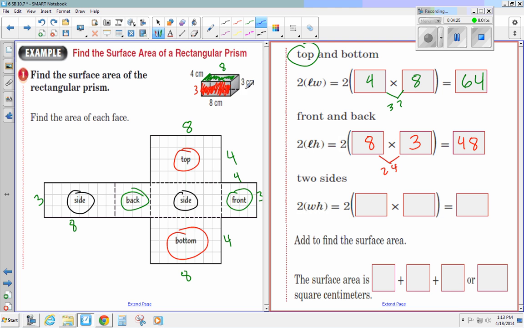And then we have the side portions, 3 by 4. That's 12 times 2, that's 24. So now the sum of all of that, 64 plus 48 plus 24. You add all those together, and you get 136 square centimeters.